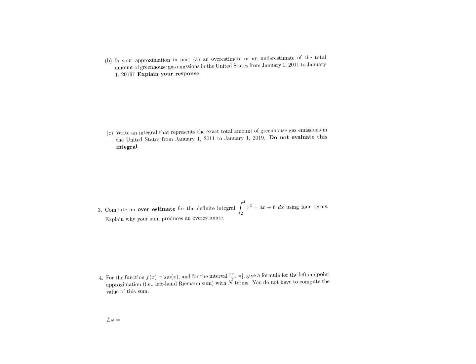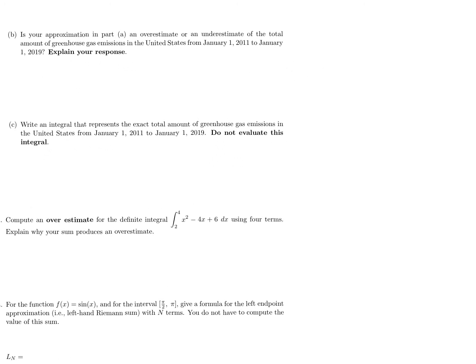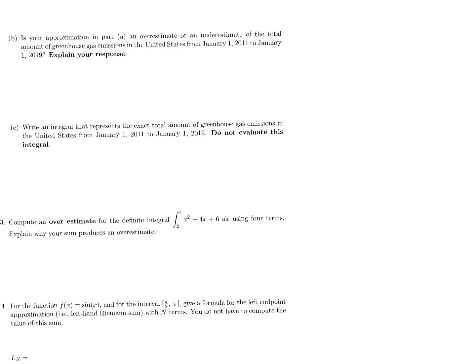So in this problem, we're asked to tell, is our approximation in part A an overestimate or an underestimate? Now, think about it. Our graph was always decreasing, right? All the numbers were getting smaller for the rates. So if I'm taking a right-handed sum, this is my graph, R of t.